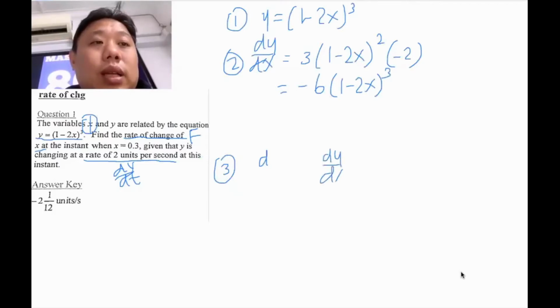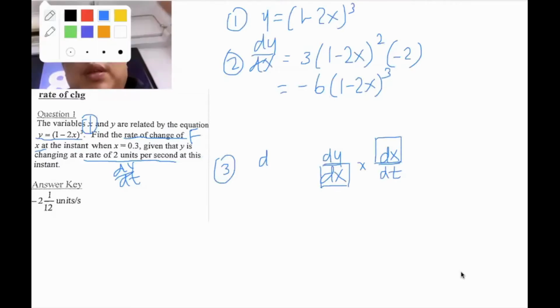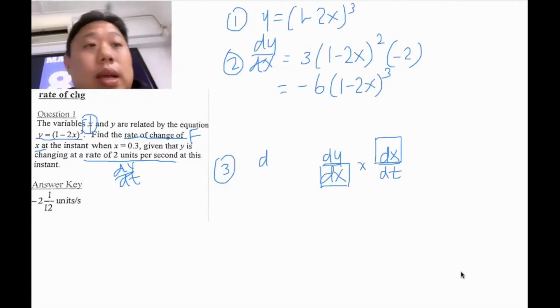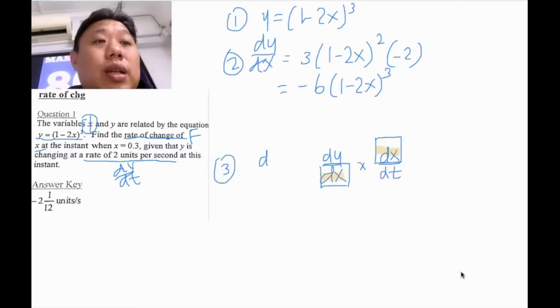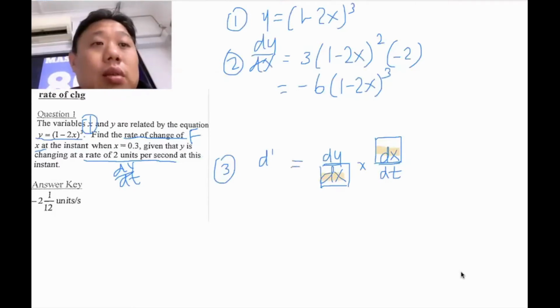I write the king down. This bodyguard is usually dx/dt. This and this will be the same, so they cancel off each other, and my result will give me the other bodyguard, which is dy/dt.